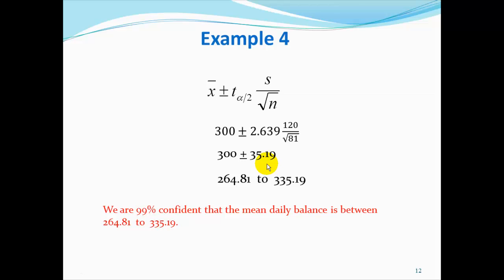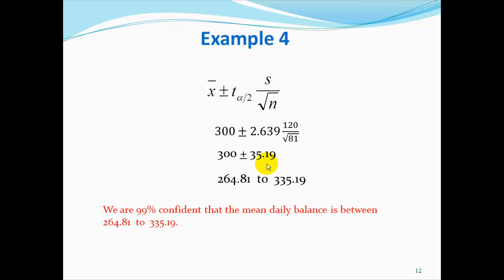So our confidence interval is 300 plus or minus 35.19. Subtracting 35.19 from 300, we obtain 264.81. And adding 35.19 to 300, we obtain 335.19.